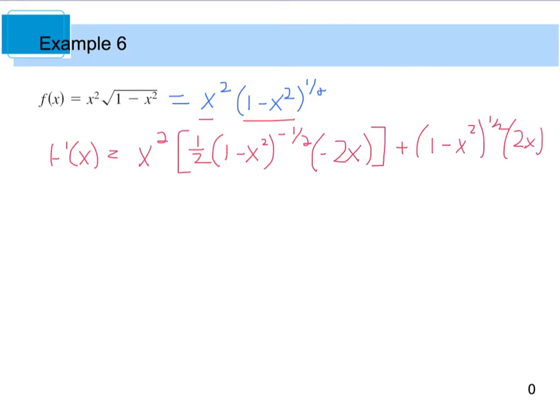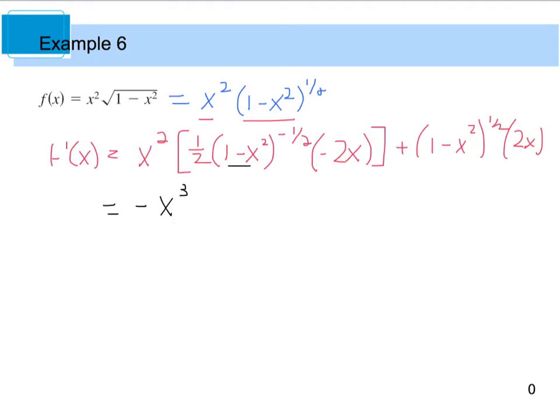I do want you to go ahead and simplify this. So I have a negative 2x times x squared times 1/2. Well, my half and 2 are going to cancel. I will still have a negative up front, and x squared times x will give me x cubed.